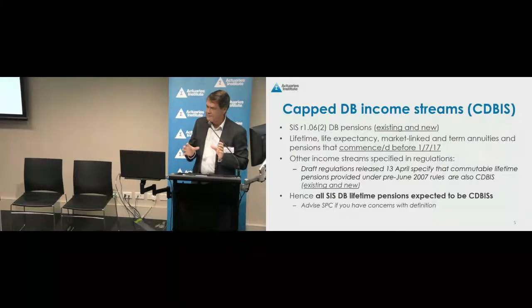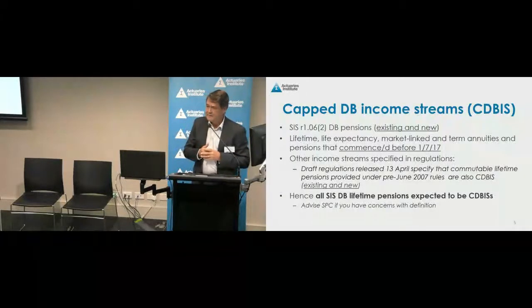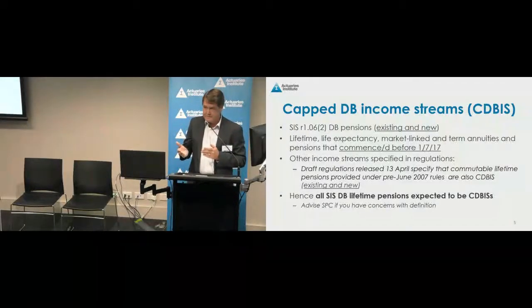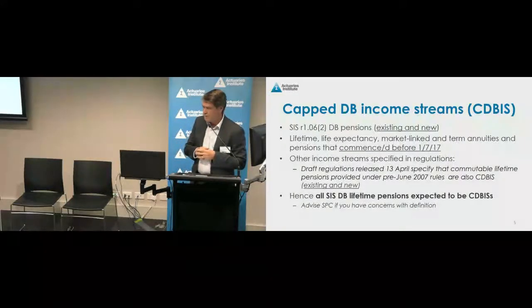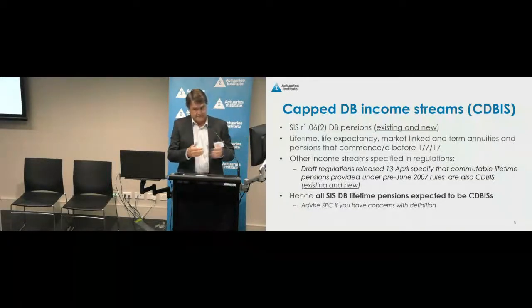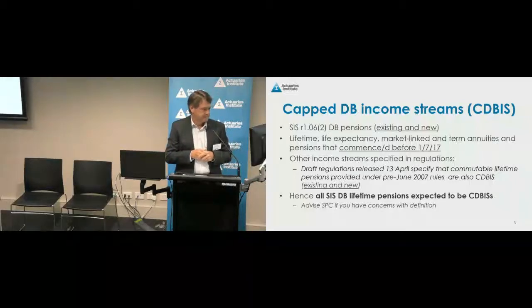So they're going to be grandfathered. But going forward, in terms of a new pension, it'll only be one that is a lifetime pension that we're used to seeing, typically in corporate or private sector DB arrangements. Of course, unfunded government arrangements have lifetime pensions as well.